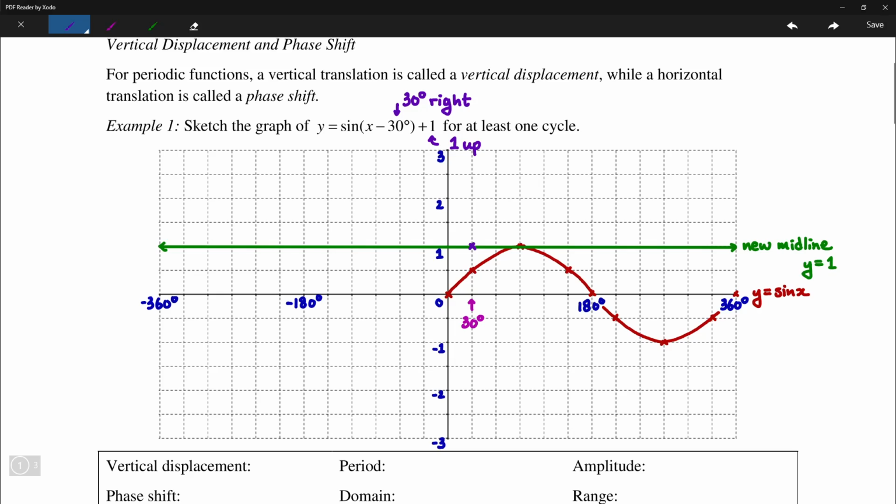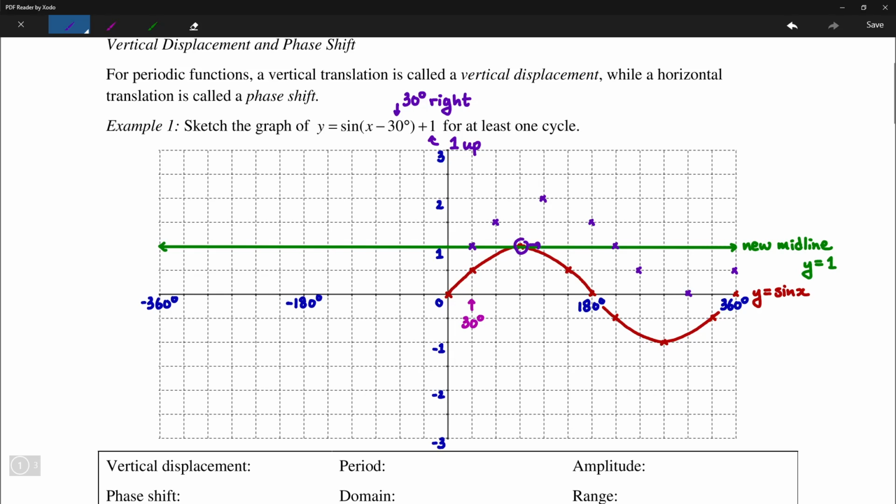And we can translate all the rest of the points of the graph in a similar fashion. So every point is moved 1 square to the right and 1 unit up, so 2 squares up in this case.